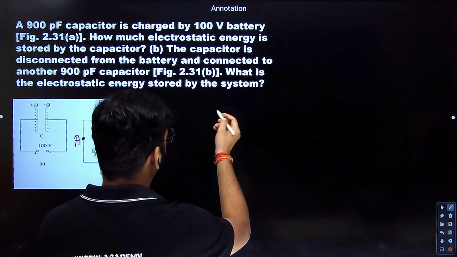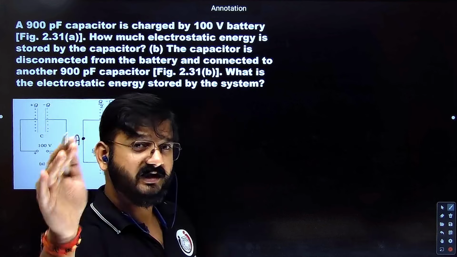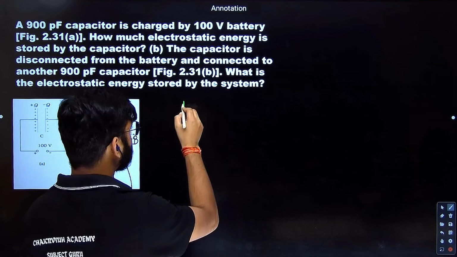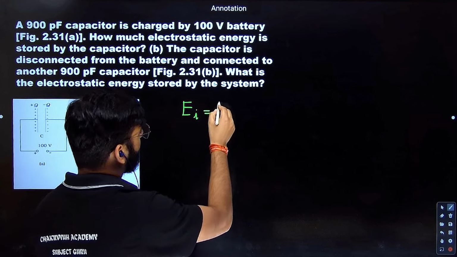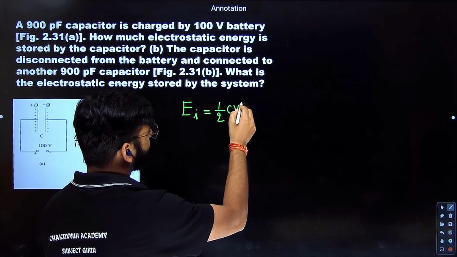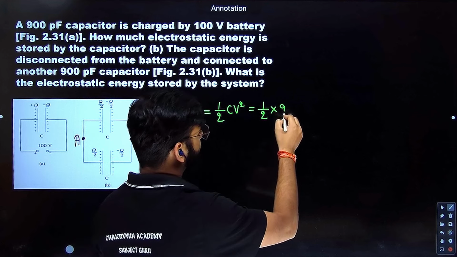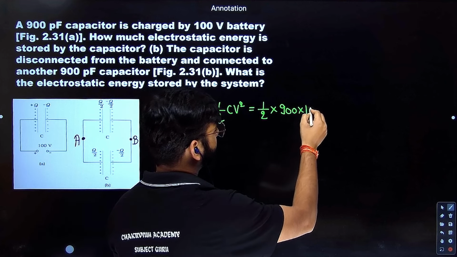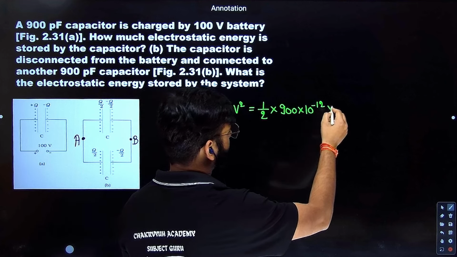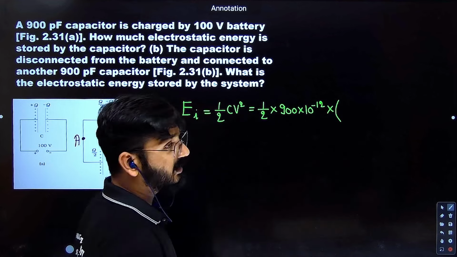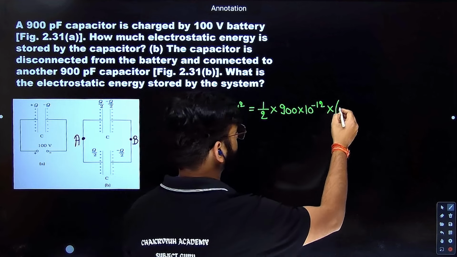Our first part is, what is the energy stored initially? The initial energy is half C V square. What is the capacitance given? 900 picofarad. Pico means 10 to the power minus 12. And what is the potential given? 100 volts. Let's substitute it here.